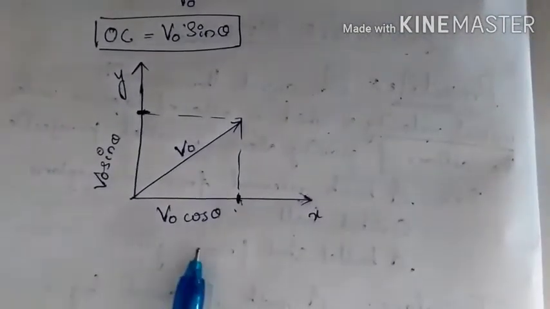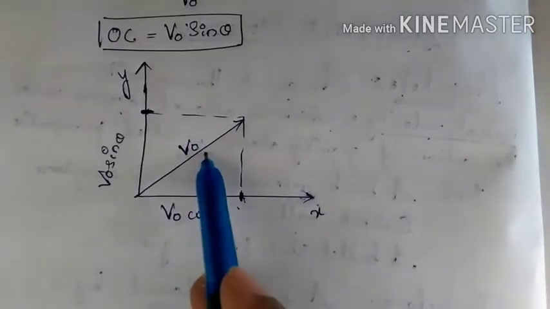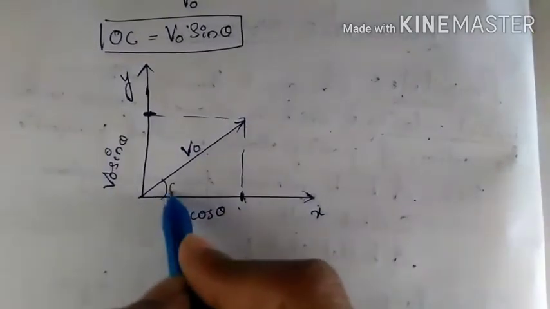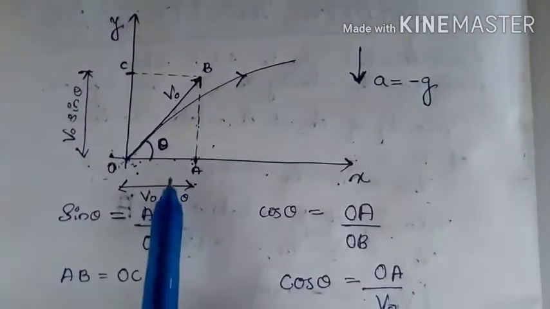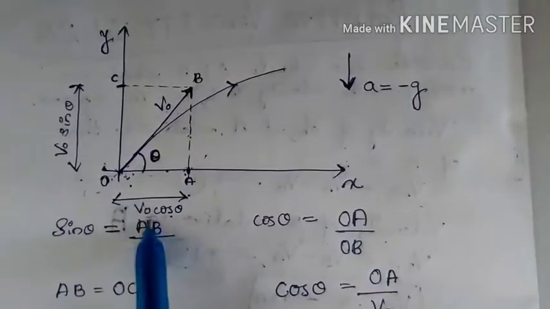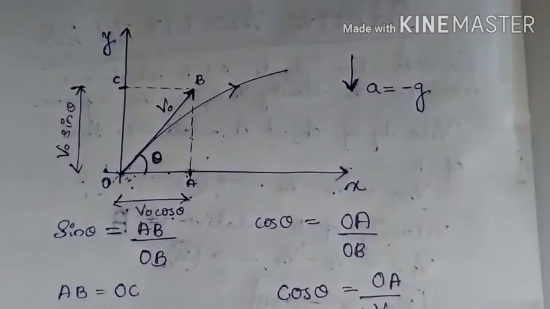Here I am just denoting the components more clearly. So for V naught you have x component V naught cos theta, and y component V naught sin theta.